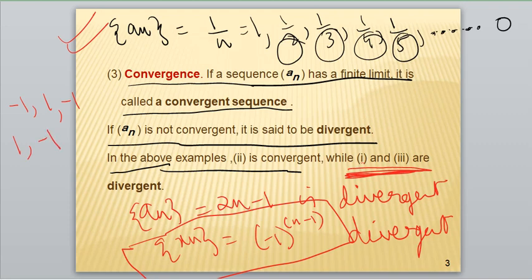When you put n equal to 1, the power is 0, so you're getting 1. When you put n equal to 2, you're getting 2 minus 1, that is 1, so -1. Then again 1, again -1, and so on. Okay, let's go on to the next part.